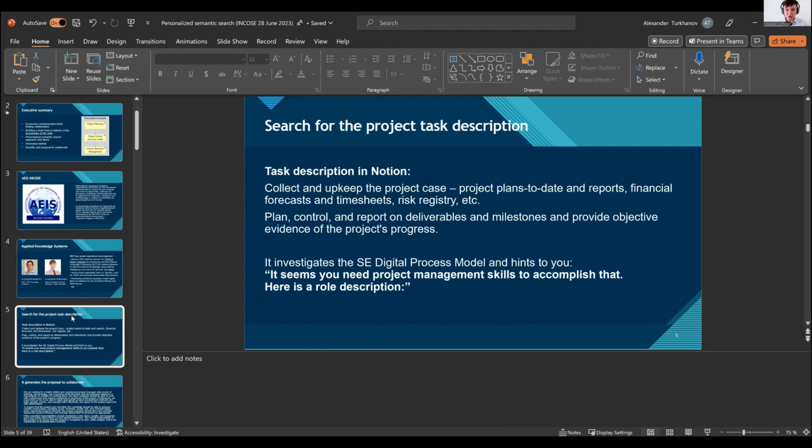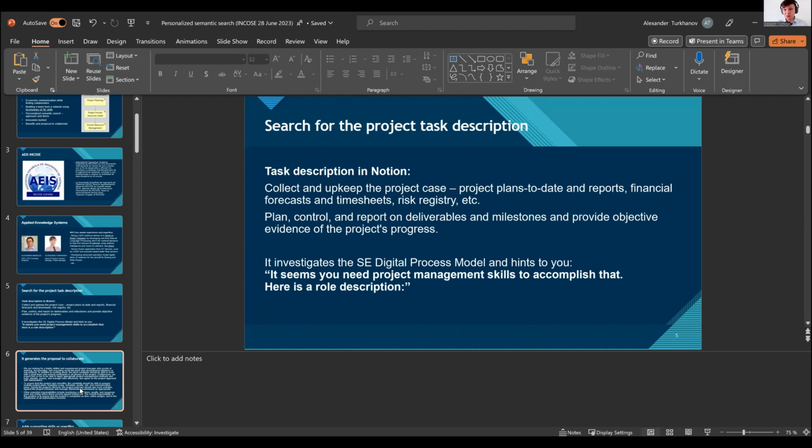Plan, control, and report on deliverables and milestones, and provide objective evidence of the project progress. I put this to my personal assistant, and it investigates this beautifully built system engineering digital process model and hints back that it seems you need project management skills to accomplish that. And here is your role description.